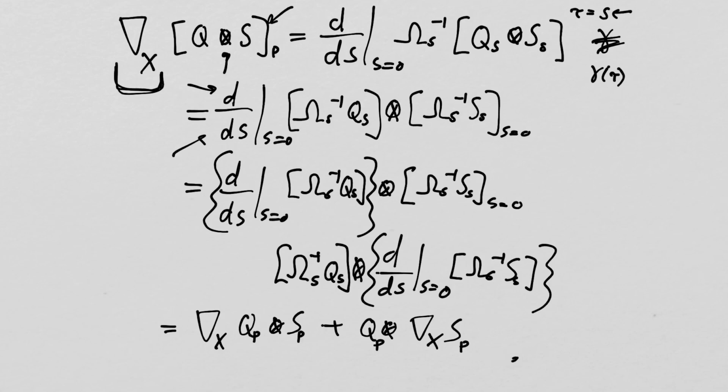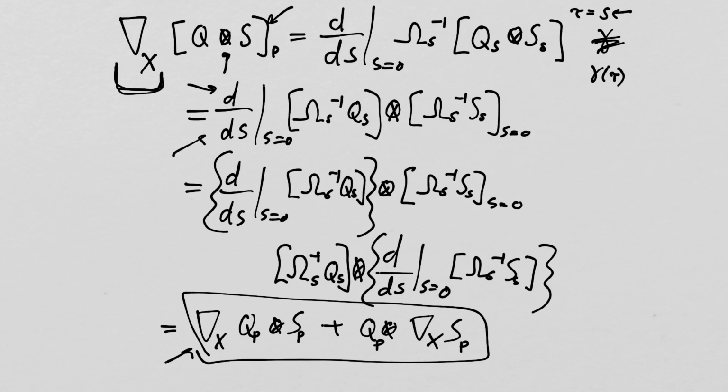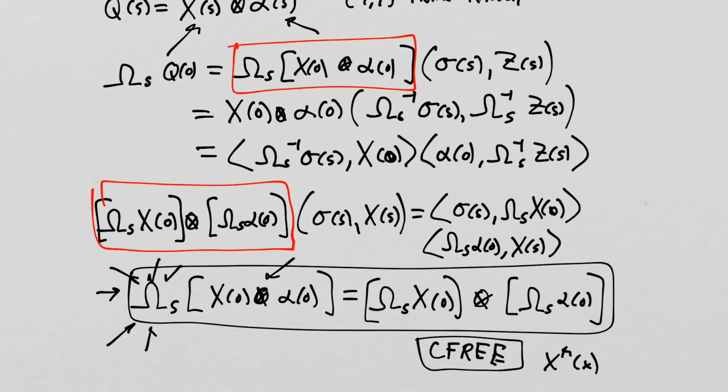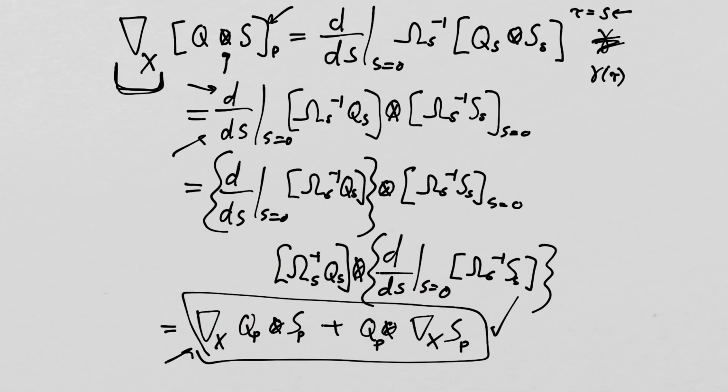So this shows that the covariant derivative in the direction of some tangent vector x is Leibniz with respect to the tensor product. And in order to prove that, we use the fact that the parallel transport operator commutes with the tensor product. And this has all been in CFREE notation so far, right?